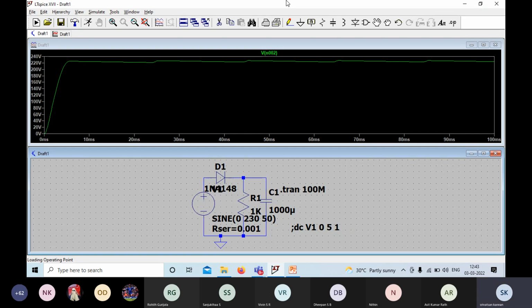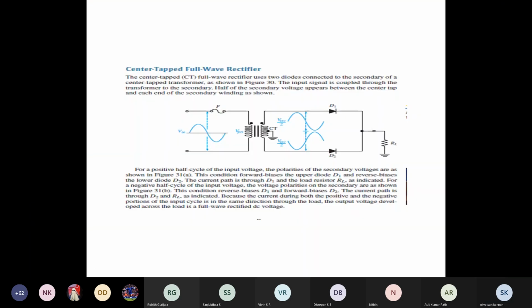Working on this full wave rectifier. Yes, sir.